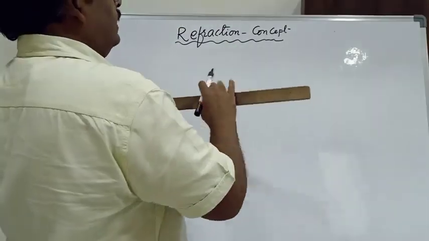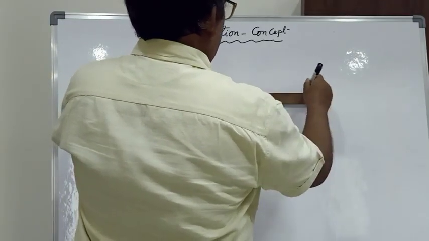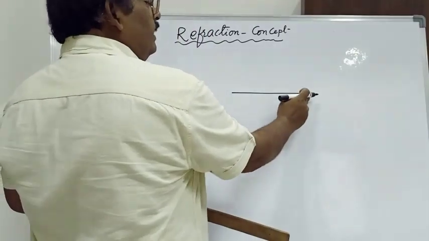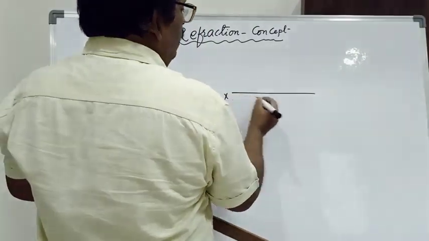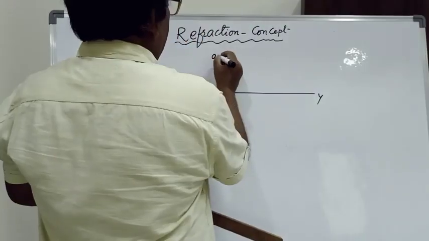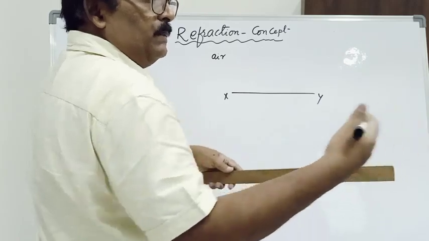Now let us consider a pair of media. This is a boundary, a line that separates two different media. One is called, say, air medium. So between you and me, air is present.